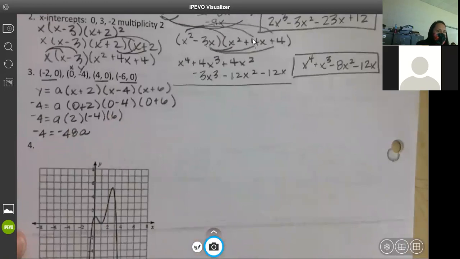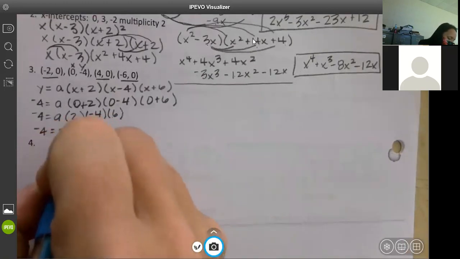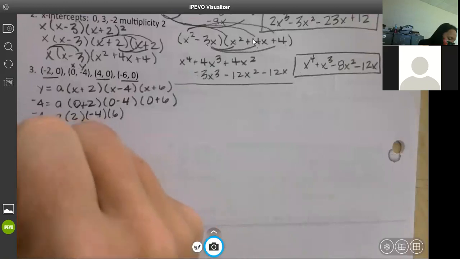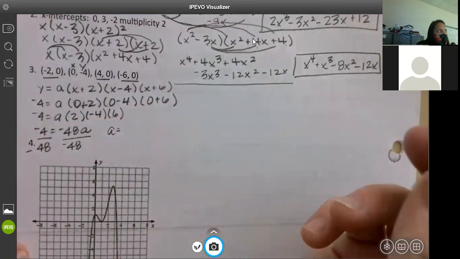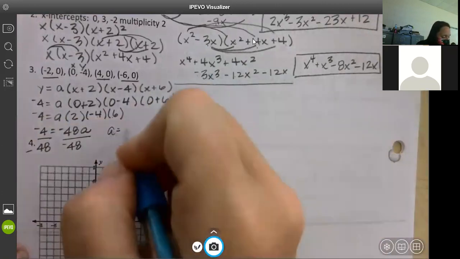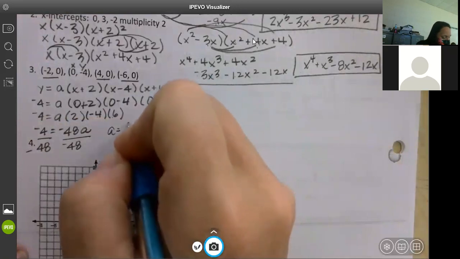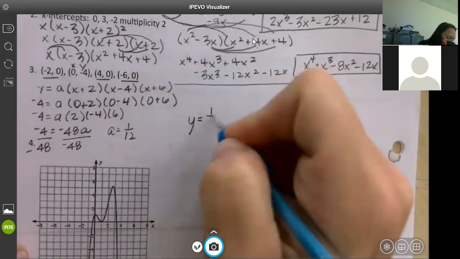And then how do I solve? We get a equals negative 4 over negative 48. Reduce it. 1/12.